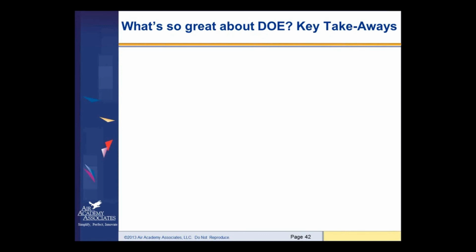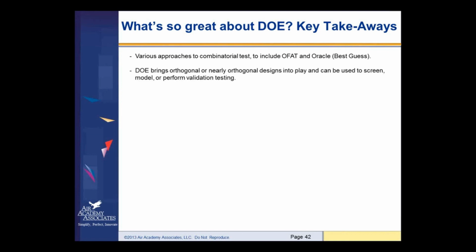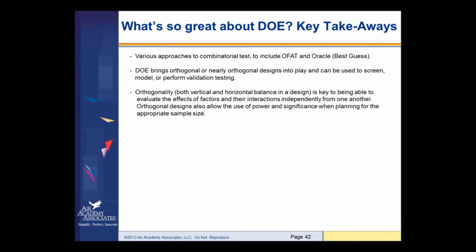So in summary, I just want to summarize the key takeaways that I'm hoping that you took away, and these will probably help answer the question, well, what's so great about DOE anyway? Well, as the background of this presentation, I told you different approaches to combinatorial tests to include OFAT, Oracle, Best Guess. DOE brings the orthogonal or nearly orthogonal designs into play, and it can be used to screen, to model, or perform validation testing. What is DOE bias?